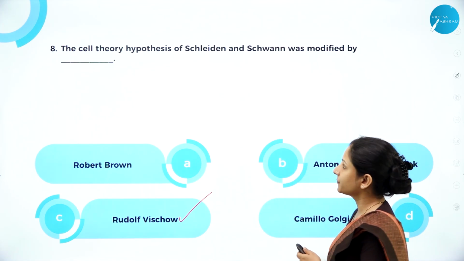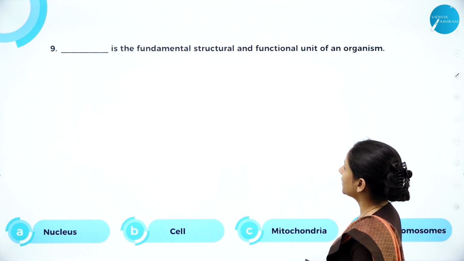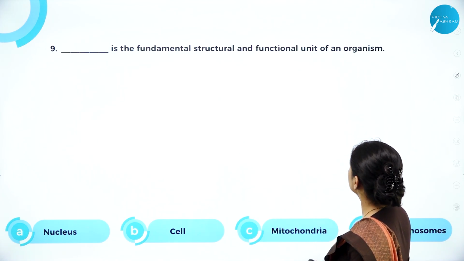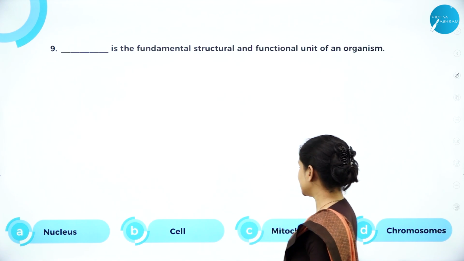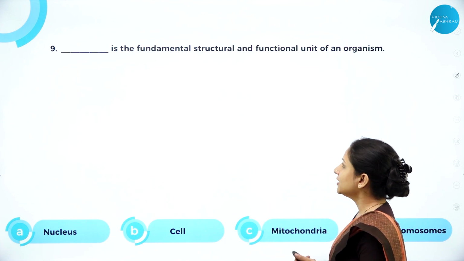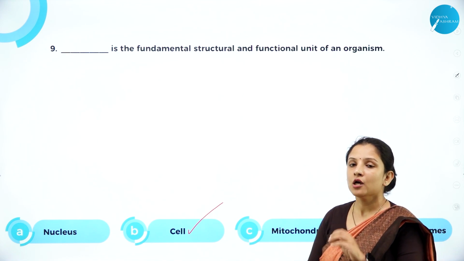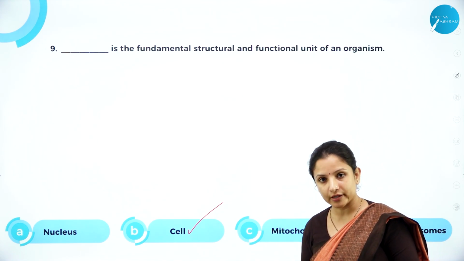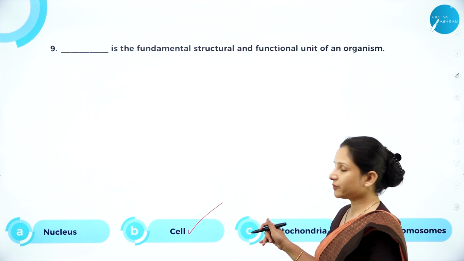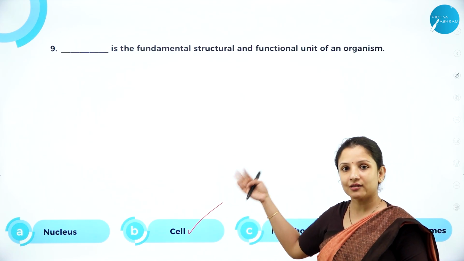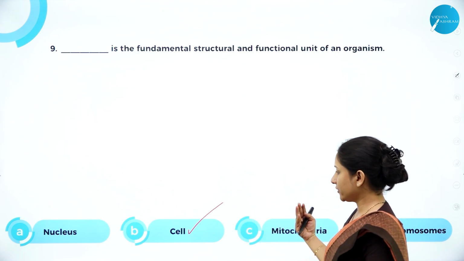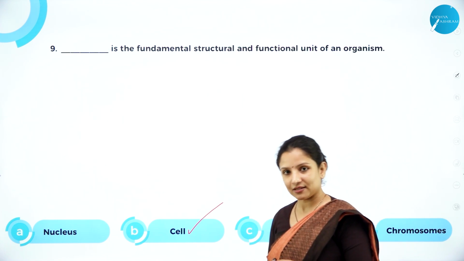So the answer is option C here. Next, dash is the fundamental structural and functional unit of an organism. Nucleus, cell, mitochondria, chromosome. Cell is the fundamental structural and functional unit of an organism, because without a cell, no organism can exist. Option B, because the first definition in the slide itself was this. So you have to remember this. Option B, cell, is the right answer here.